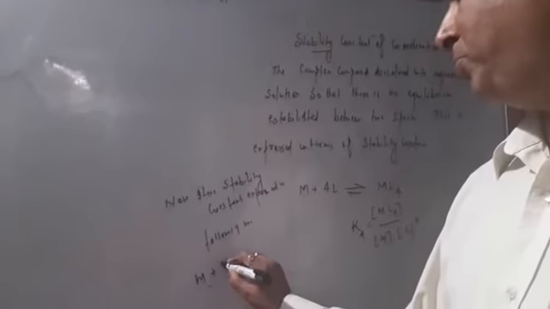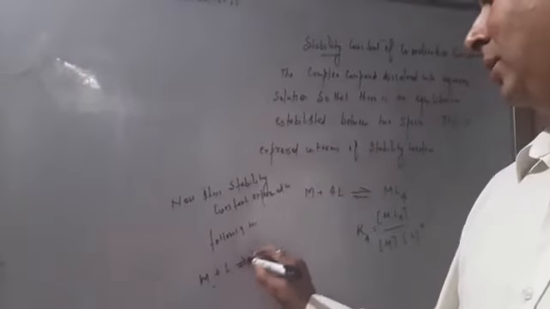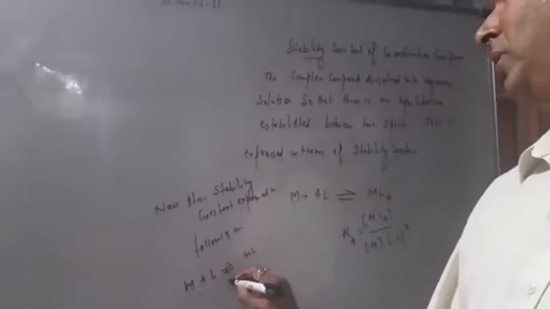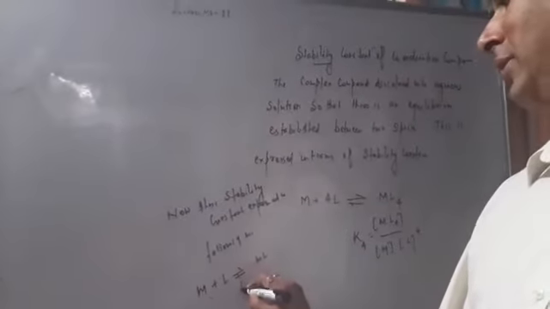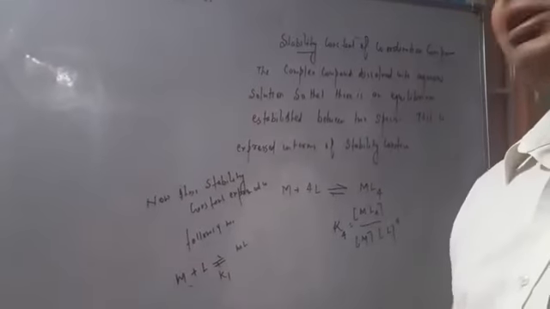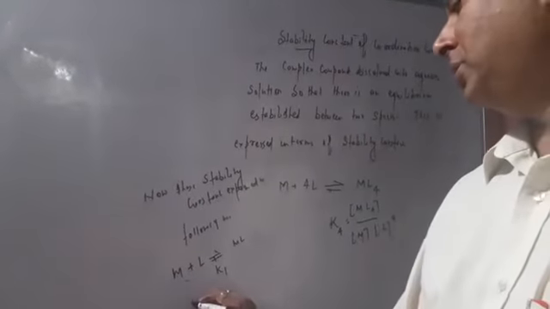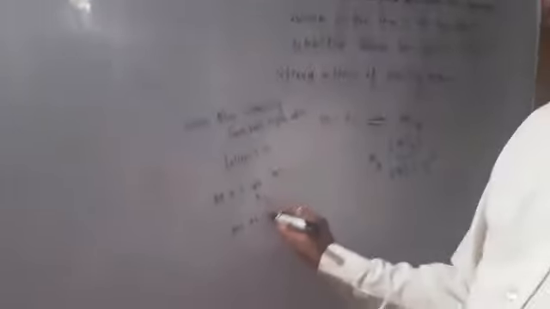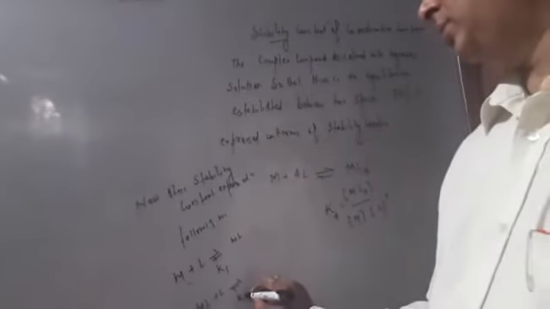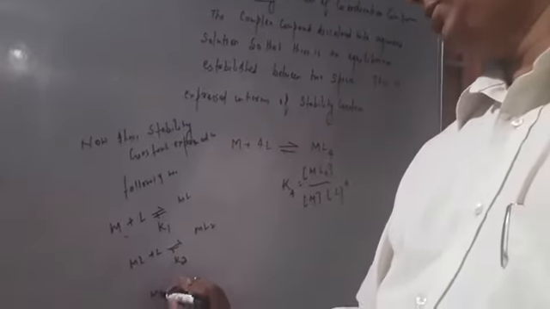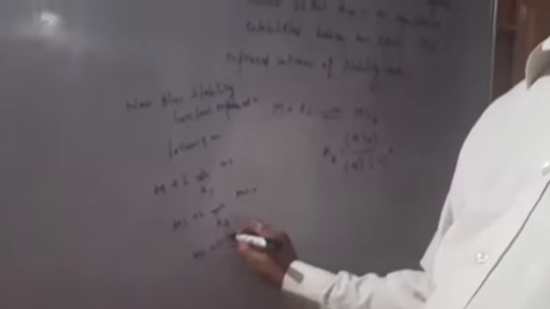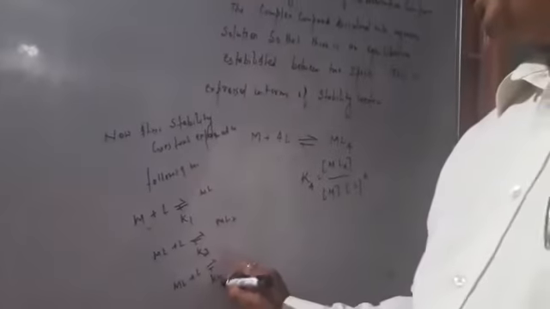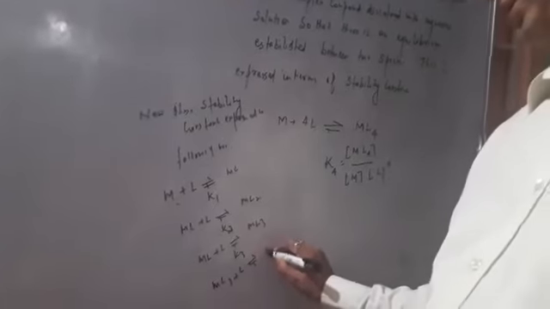In the first step, M plus L making the complex ML, the equilibrium constant is K1. ML plus L making ML2 has equilibrium constant K2. ML2 plus L making ML3 is K3, and ML3 plus L making ML4 is K4.